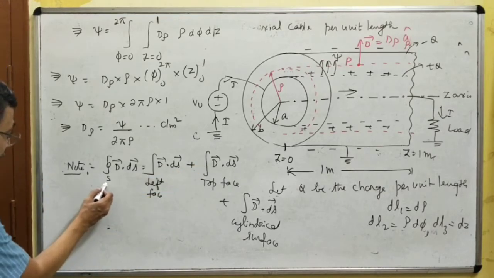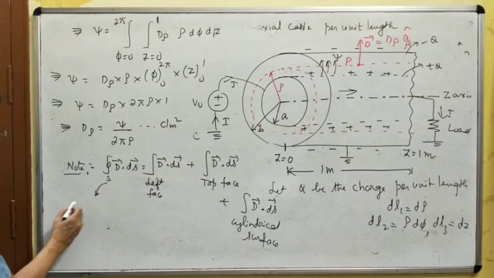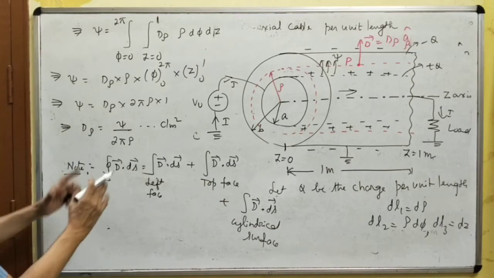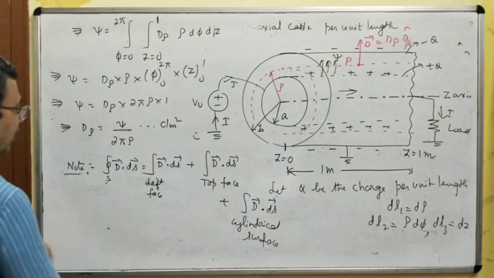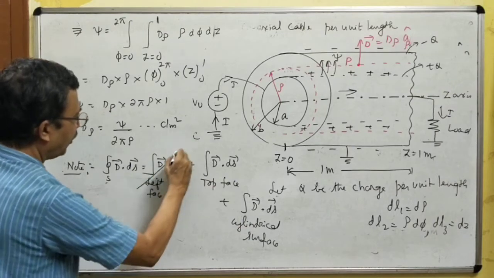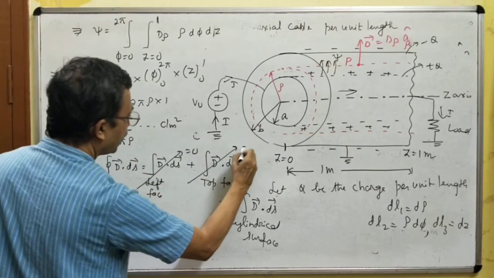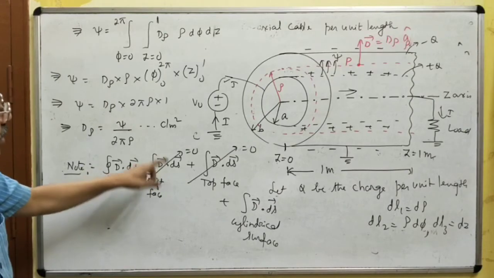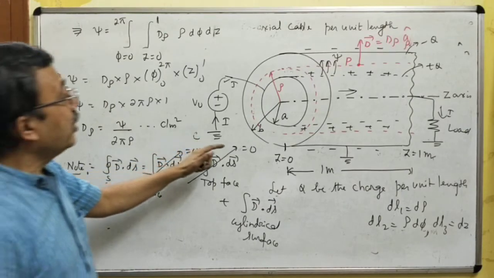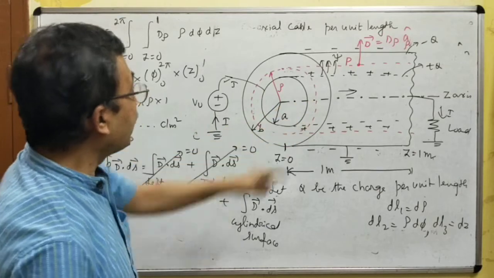Here S refers to the area of the Gaussian cylinder, which is shown red in color. So please note that. These two integrals are 0. Why? Because vector D is tangential to the left face and the right face.